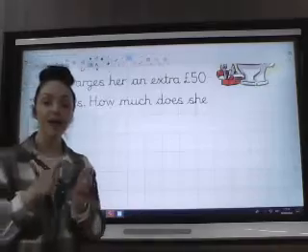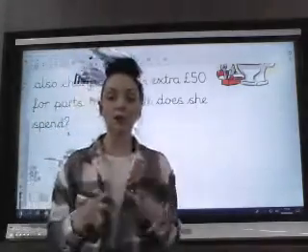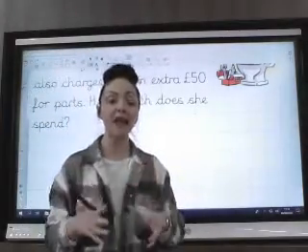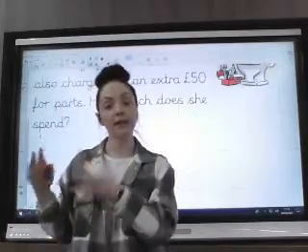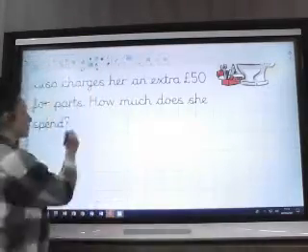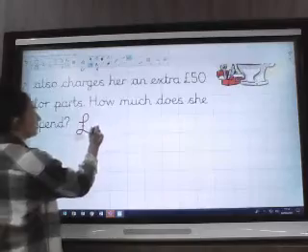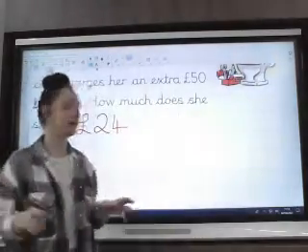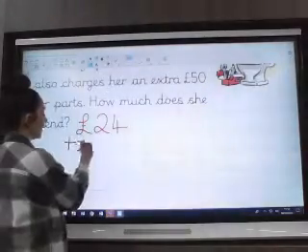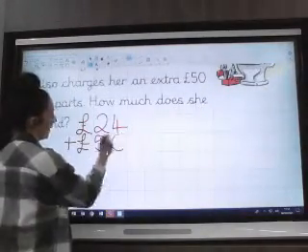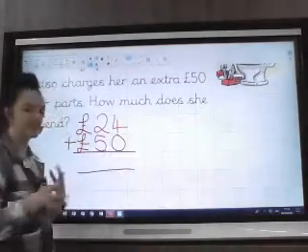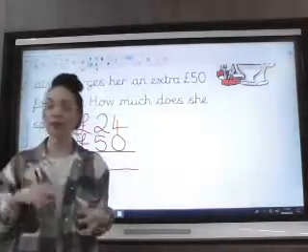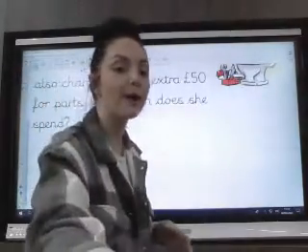Just remember that call out charge, that £24, she's got to pay on top of his hourly rate. So that £24 and that 50, she's got to pay anyway. So do the 24 and the 50, work that out first, because that's the extra charges. Then work out how much she spent for the 2 hours.